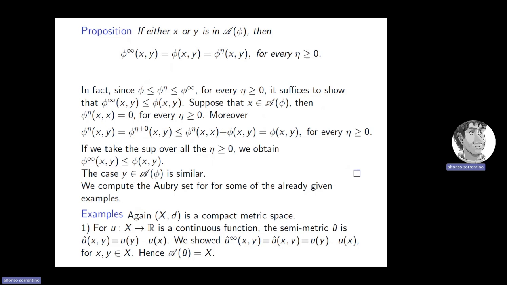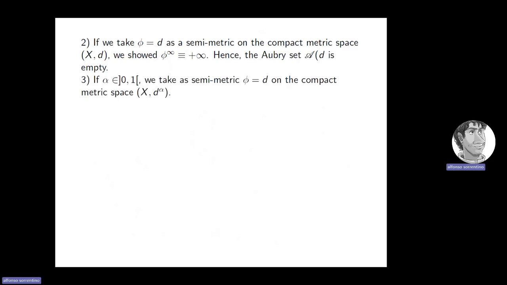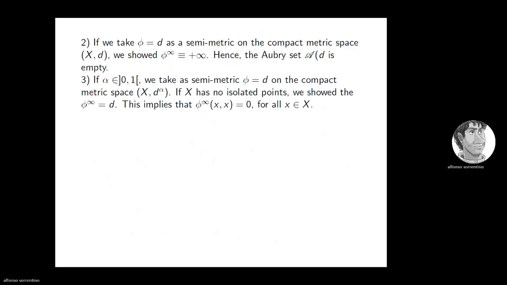So every point is in the Aubry set. In the case where we take D as semi-metric, we showed that the Peyerimhoff barrier was identically plus infinity, so the Aubry set is empty. Now, when we took alpha in 0, 1, the metric space is X d alpha, and the semi-metric is D. We showed that phi infinity of xx is 0 if X has no isolated point. So the Aubry set is again the whole of X.